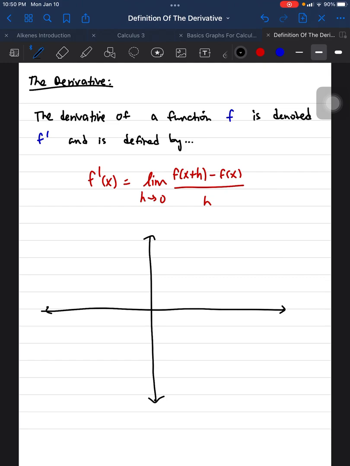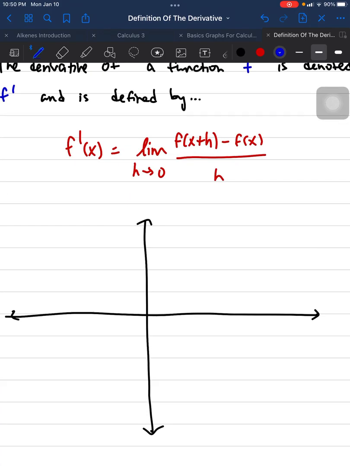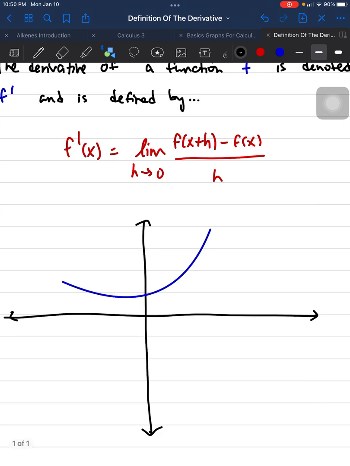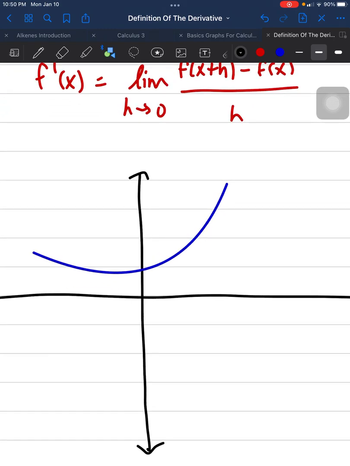So let me go back into talking about the derivative. Let's say I drew a random function, right? So this is just a random function. Now there's going to be 2 points.